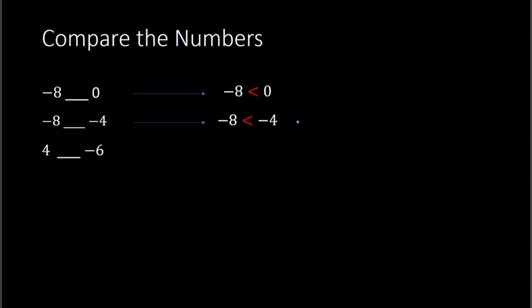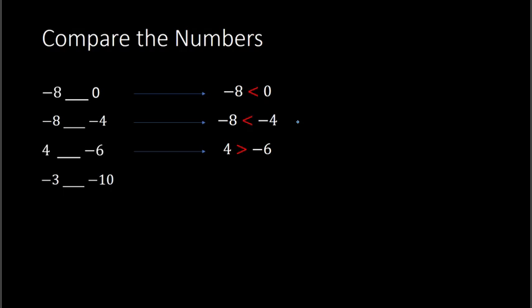Here we have 4 and -6. Which number is bigger? Well, the 4 is bigger, so we write this with the mouth facing the 4. This would be written like this, with that symbol, and in English we would say 4 is greater than -6. Next we have -3 and -10.